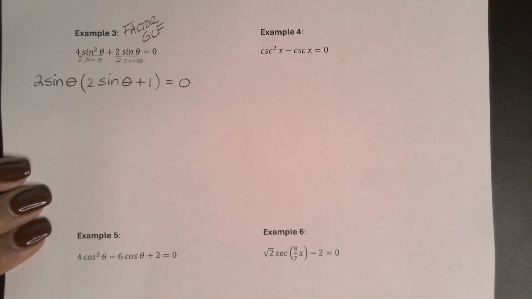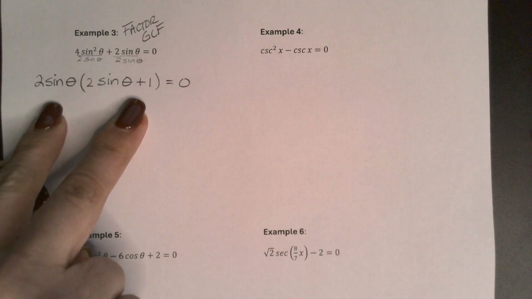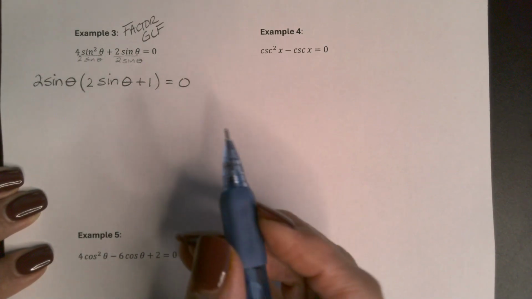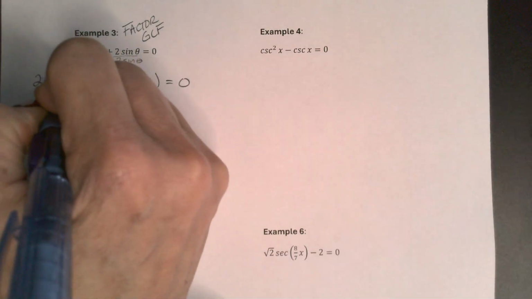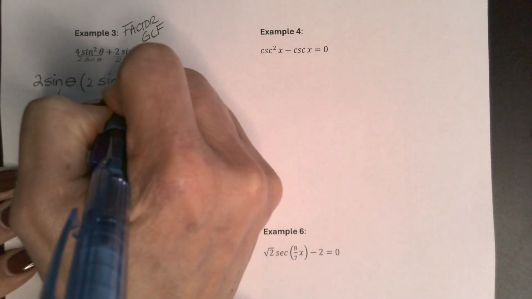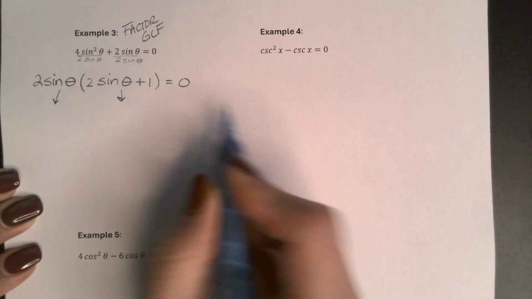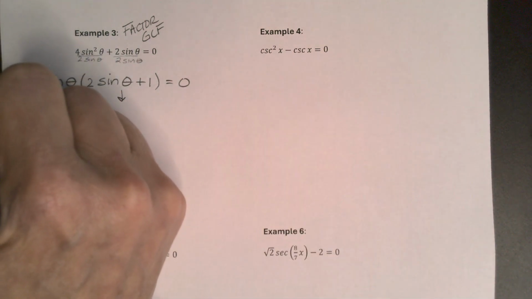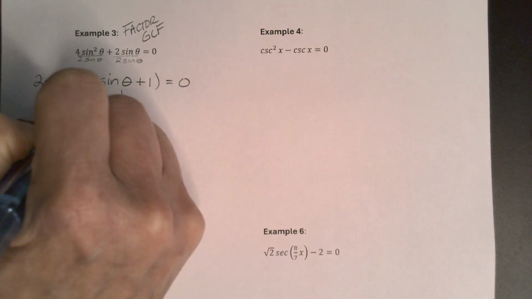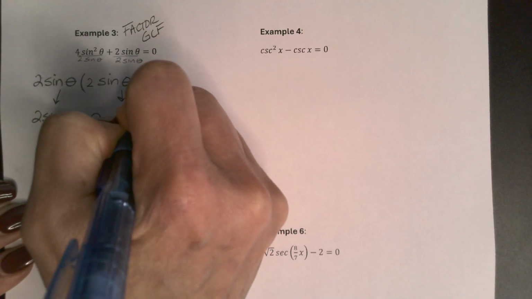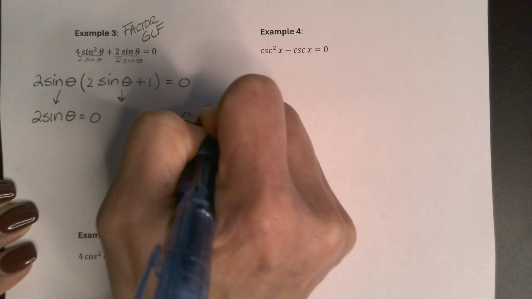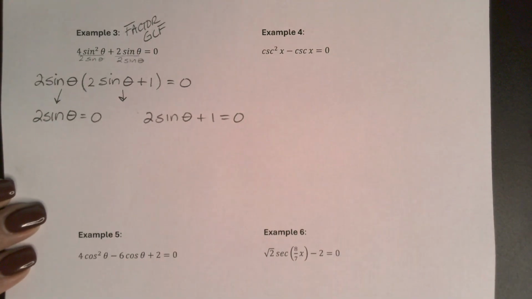Now we have a factored format, and you know what we do: we always apply the zero product property, which says that we take each factor and set up its own equation, set equal to 0. So 2 sine theta equals 0, and then 2 sine theta plus 1 equals 0.